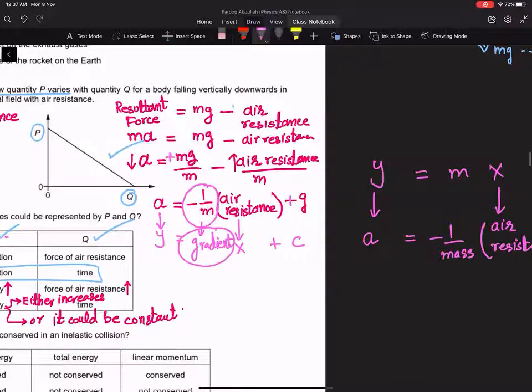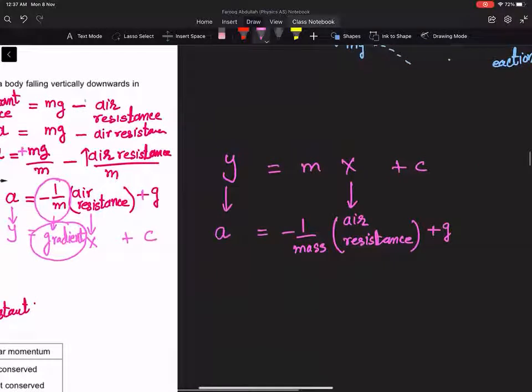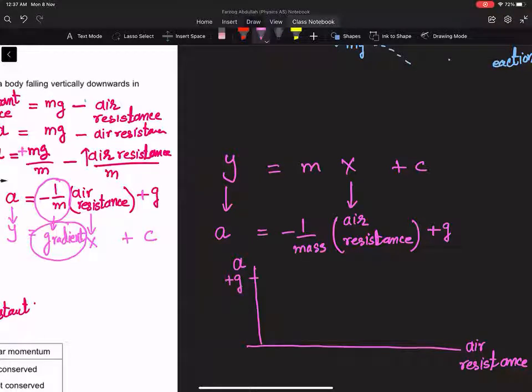It was plus here. Sorry, students. So plus g. So the shape of the graph will be acceleration on the y-axis, air resistance on the x-axis. It's a graph with a negative gradient, and it will start from plus g, and the shape of the graph will be like this, and the gradient of the graph will be equal to negative 1 over mass of the object.